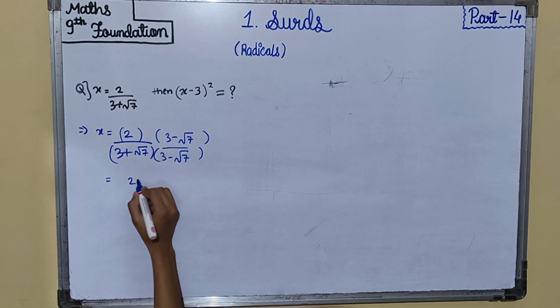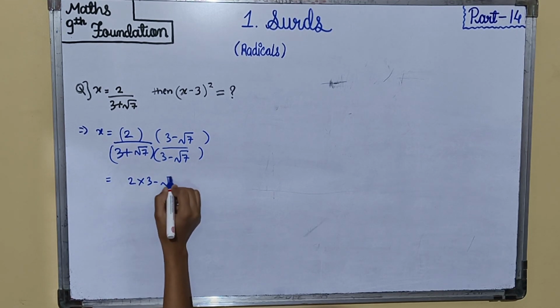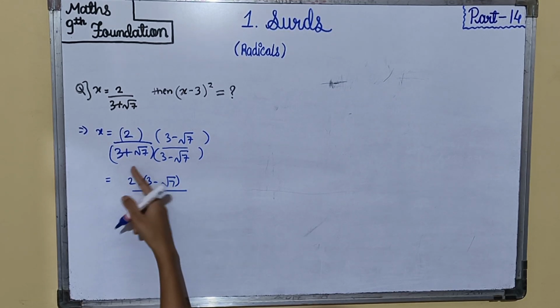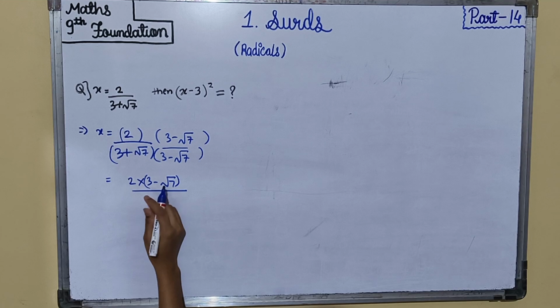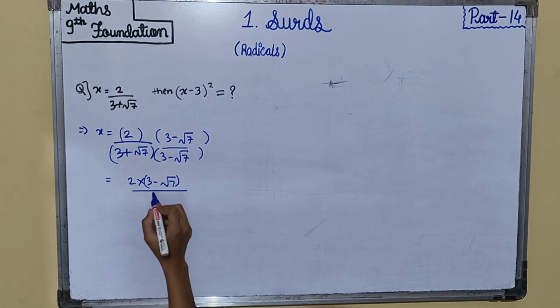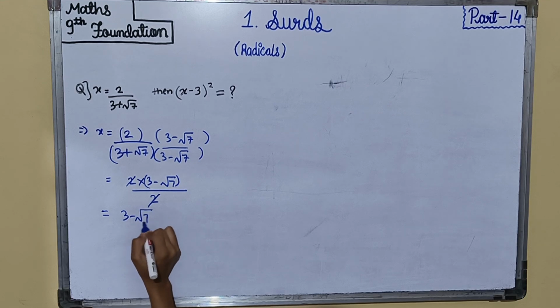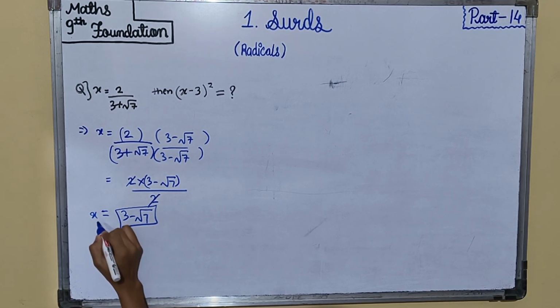We'll get 2 into 3 minus root 7 upon the value of this using the identity, which will be 9 minus 7, that would be 2. 2 and 2 will get cancelled. 3 minus root 7 would be the value of x.